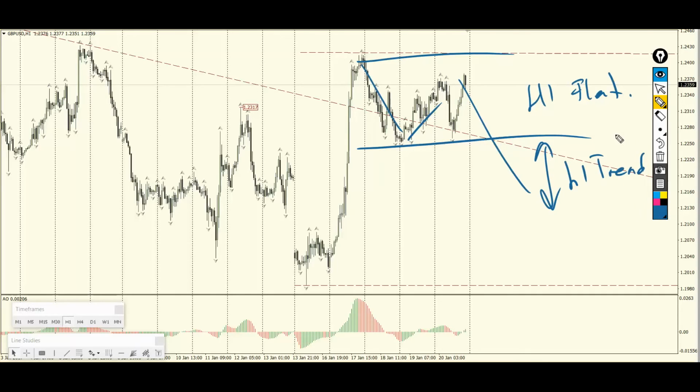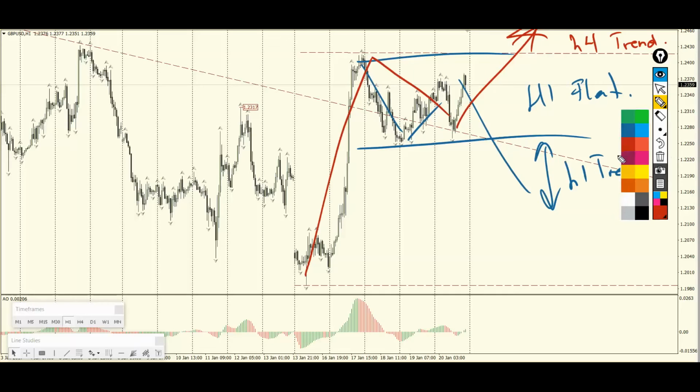Or if we break through the high, then you remember we will have the H4 trend up. But this level is now a little bit too small for me for choosing strategic direction, because the risk ratio is not enough for me to decide the direction of my trades based on that small time frame.